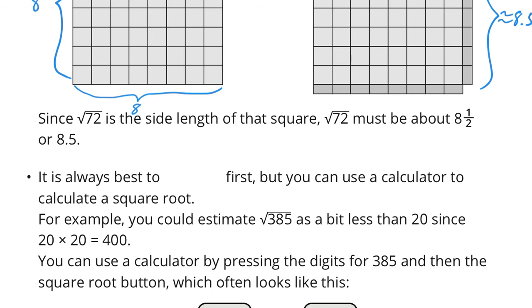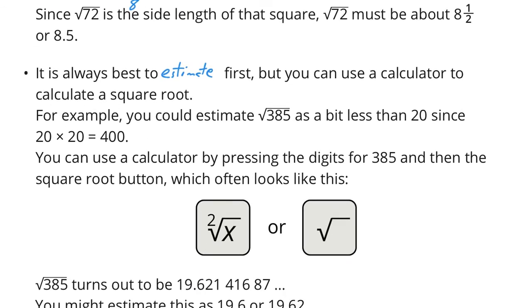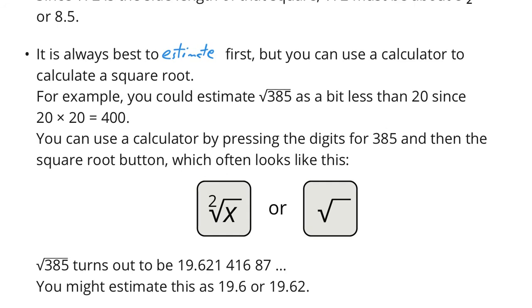It is always best to estimate first, but you can use a calculator to calculate a square root. For example, you could estimate the square root of 385 as a bit less than 20, since 20 times 20 is 400.